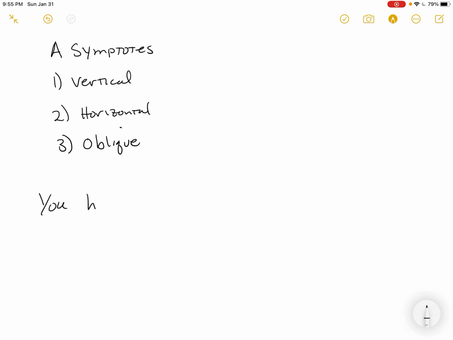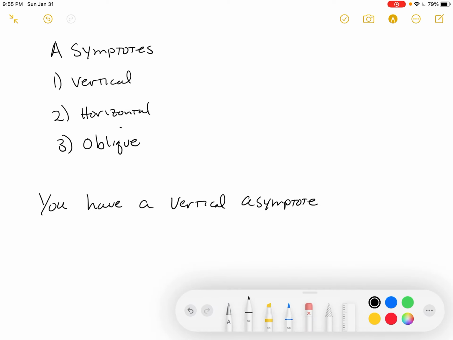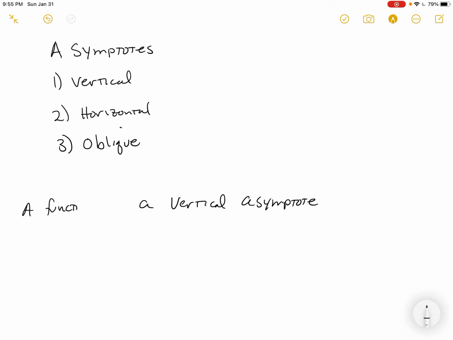You have a vertical asymptote. And maybe I shouldn't say you, that sounds kind of funny. You probably don't have a vertical asymptote, but a function, let me get my English correct, a function has a vertical asymptote at each point where the function is undefined.